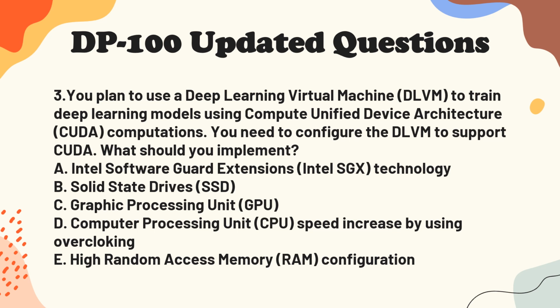B. Solid-state drives, SSD. C. Graphic Processing Unit, GPU. D. Computer Processing Unit, CPU, speed increase by using overclocking. E. High Random Access Memory, RAM, configuration.